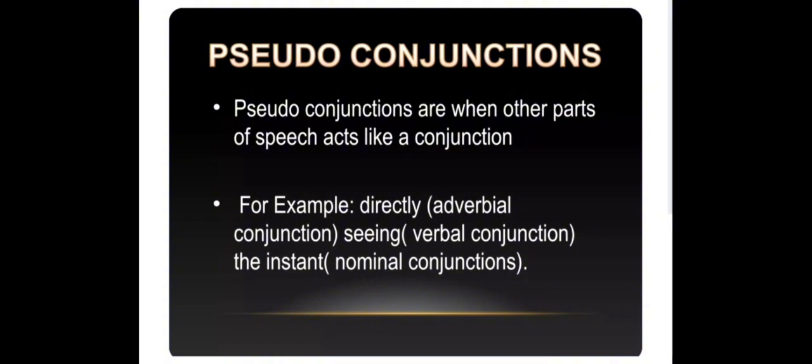For example, directly, an adverbial conjunction; seeing, where see is a verb but here it is working as a conjunction, so it's a verbal conjunction; the instant, a nominal conjunction. So pseudo conjunctions are those which are other parts of speech but act like a conjunction.